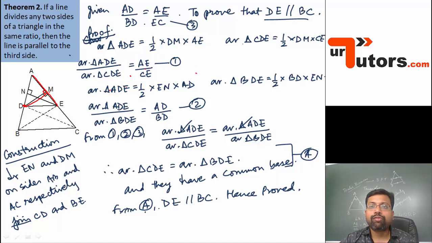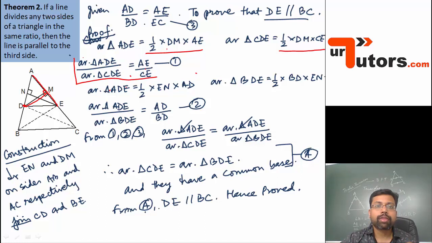So you have area of ADE equal to half into DM into AE, and area of CDE equal to half into DM into CE. When you take the ratios, half into DM is going to cancel out, and you are going to get area of triangle ADE by area of triangle CDE equal to AE by CE. This is what you are going to get.